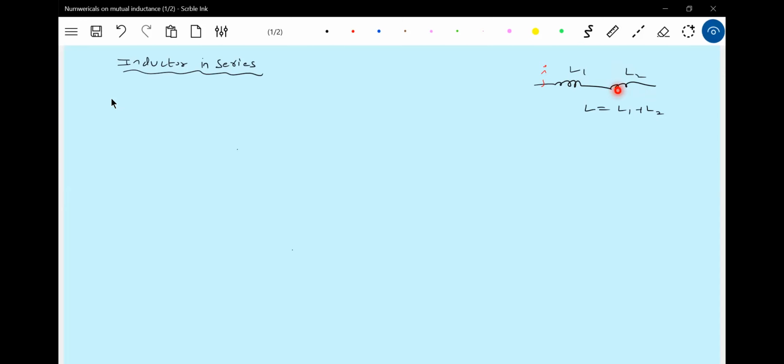The magnetic field produced by this solenoid will also link here, as there's a varying current. Even this will also produce a varying magnetic field that will link the solenoid one. So along with its self-inductance, a mutual inductance also will come. So now we are going to discuss, if two inductors are connected in series and there is a mutual inductance between them, what will be the effective inductance here?